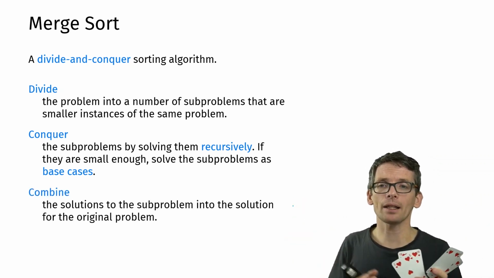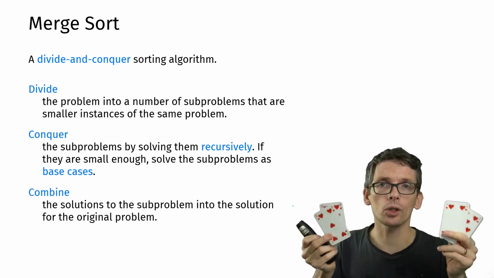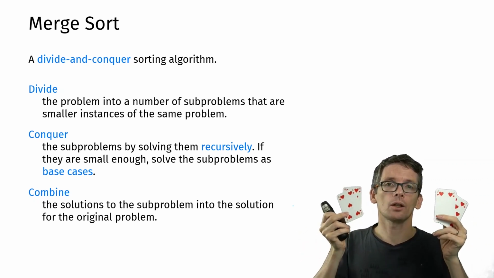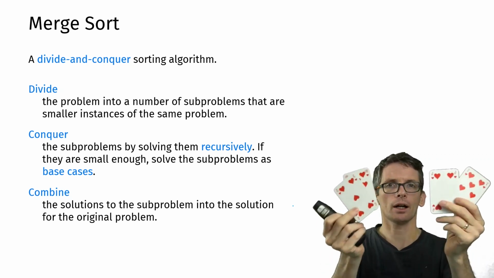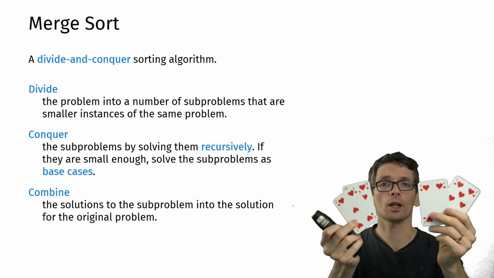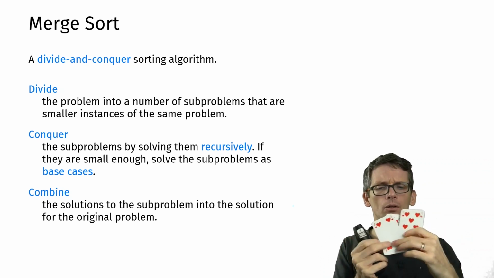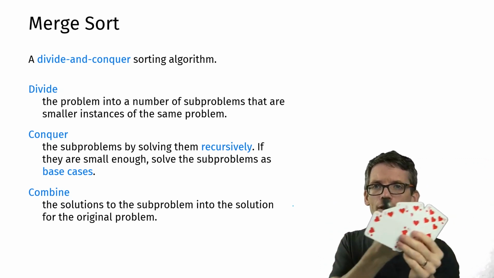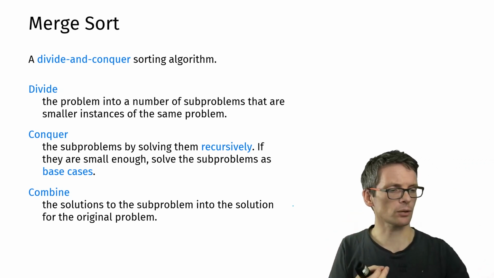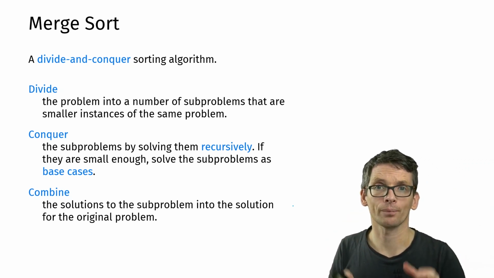And then in a combine step, I combine the solutions to the subproblems to a solution of my original problem. So here I have two sorted sequences, which I now need to combine to one sorted sequence. Combine in this case means merging, and that's why it's called merge sort.